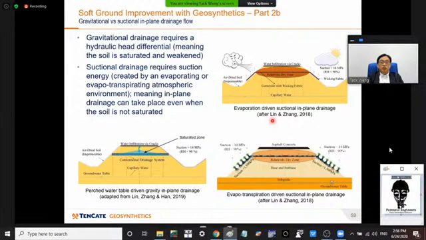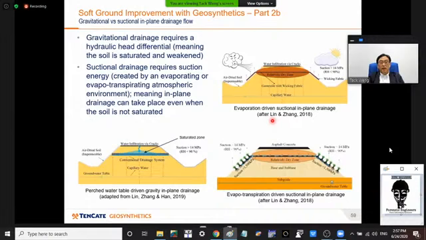Whereas in suctional drainage, you do not need the soil to be saturated. Suctional drainage is caused by capillary action, and it draws water from the soil and then takes it out and releases it to the atmosphere due to a difference in suctional potential.